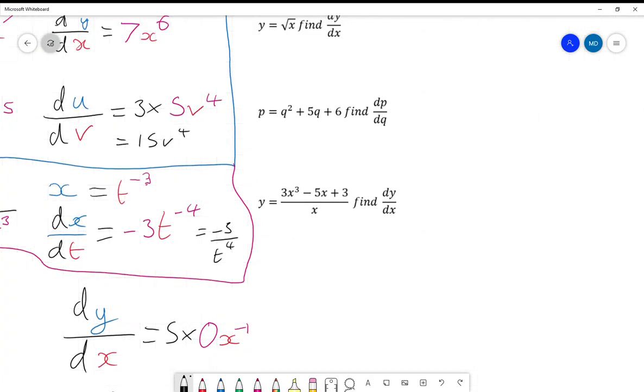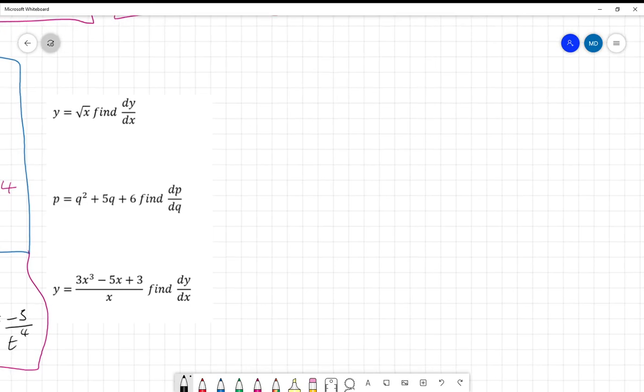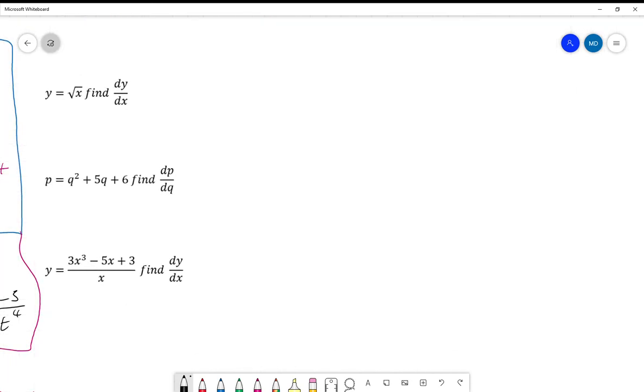let's get slightly more complicated again. Here are a few different more ones. y equals the square root of x, find dy by dx. I'm using dy by dx a lot because although it can be any variables, you'll find that dy by dx is the standard one, and then sometimes you get dx by dt if you're dealing with velocity and position and things like that. And sometimes you'll get a whole load of different things.